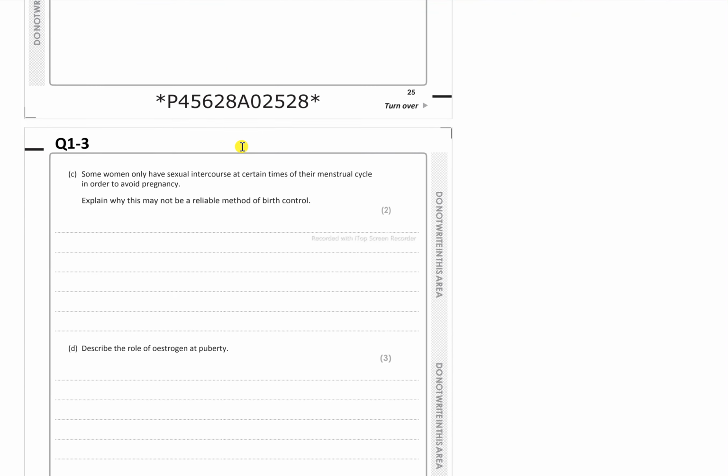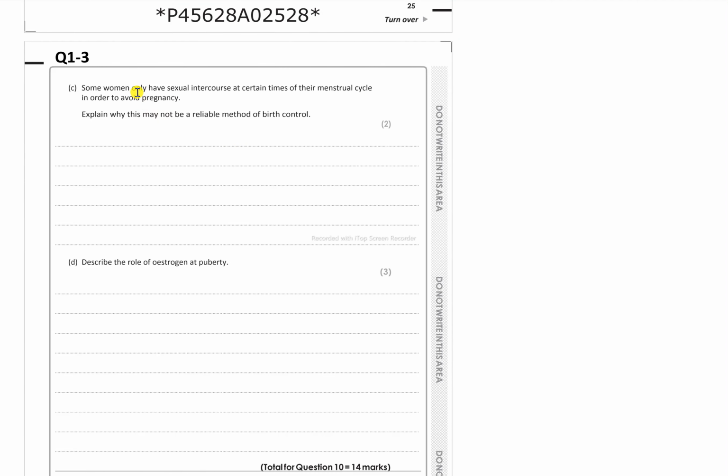Right, let's move on. Some women only have sexual intercourse at certain times of their menstrual cycle in order to avoid pregnancy. Why wouldn't it be a good, reliable method of birth control?